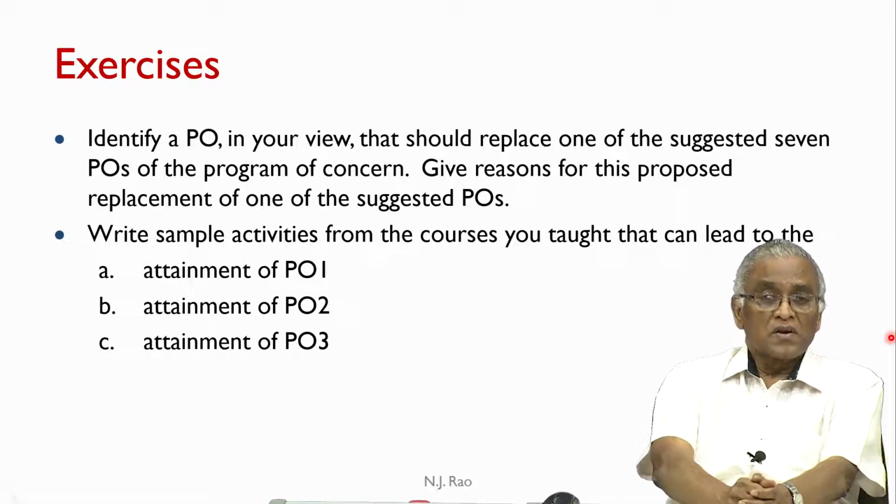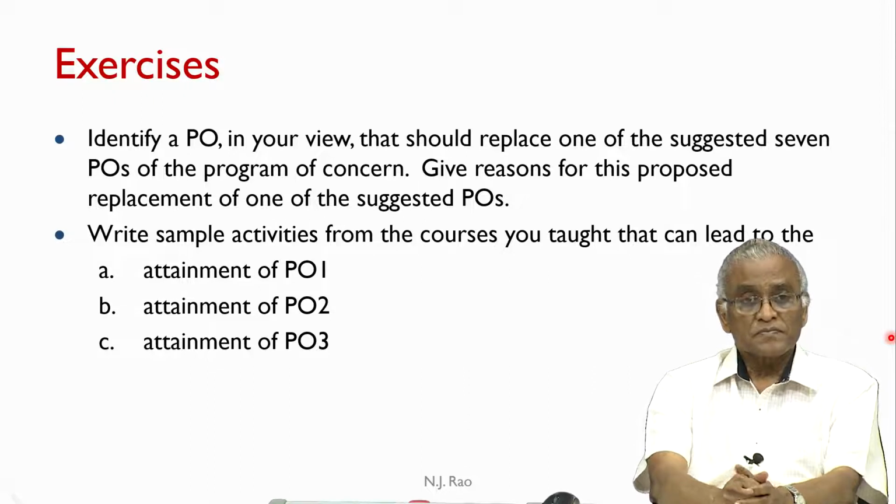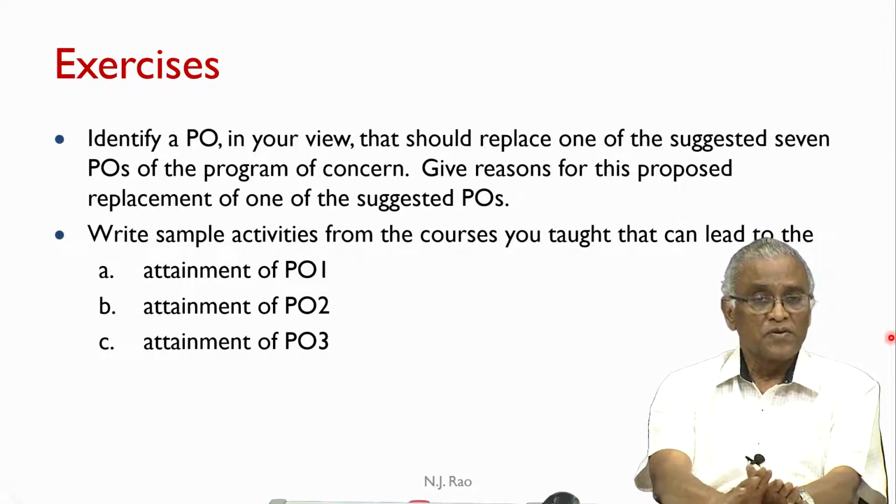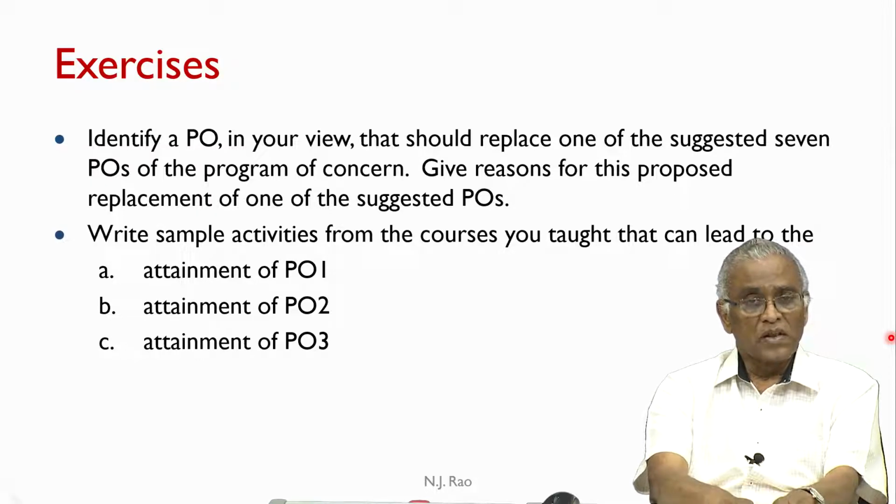What we request you to do is identify a PO in your view that should replace one of the suggested 7 POs of the program of concern. Give reasons for this proposed replacement. We have given you 12.